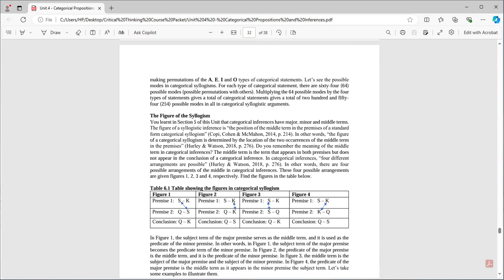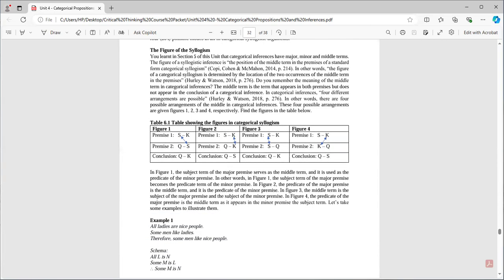These are formulas for you to determine the figure. So if you have: all ladies are nice people. Some men like ladies. So you see, ladies here is a subject term, and ladies here is a predicate term. That's figure 1. Therefore, some men are nice people.